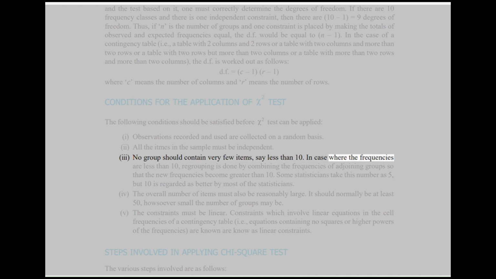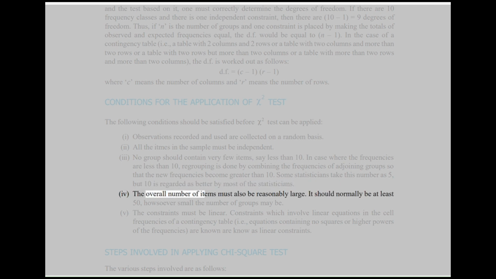In case where the frequencies are less than 10, regrouping is done by combining the frequencies of adjoining groups so that the new frequencies become greater than 10. Some statisticians take this number as 5, but 10 is regarded as better by most of the statisticians.